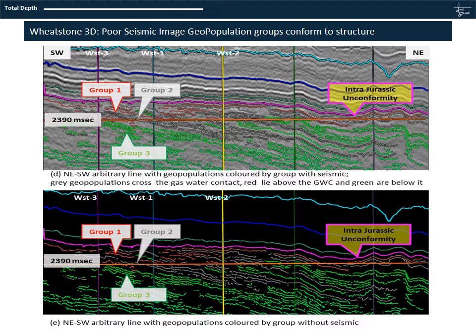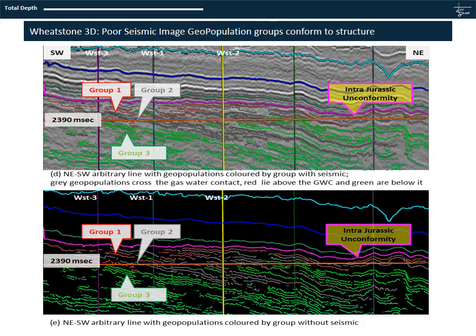Group 2 consists of gray surfaces, and they seem to trundle right through this 2390 millisecond line. Group 3 are below the 2390 millisecond line, with very few of them extending above.